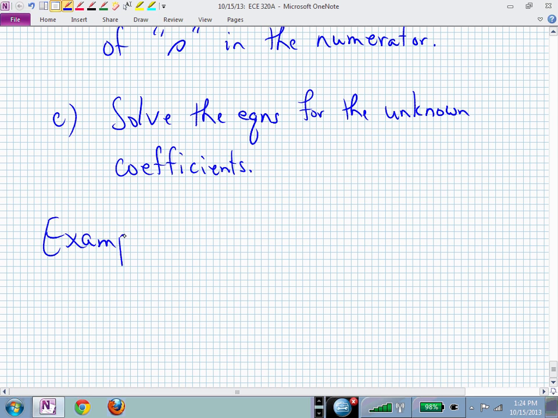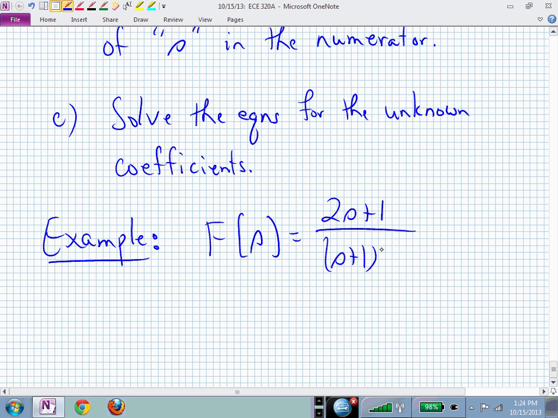Let's use this approach on our example since we know the answer in the back of the book. Right? So our transfer function is this 2s plus 1 over (s plus 1) squared times (s plus 2).